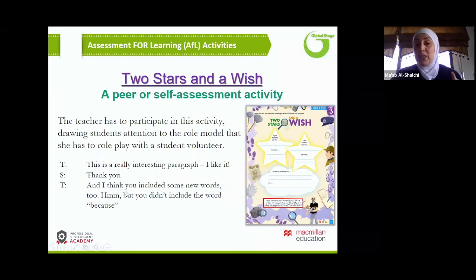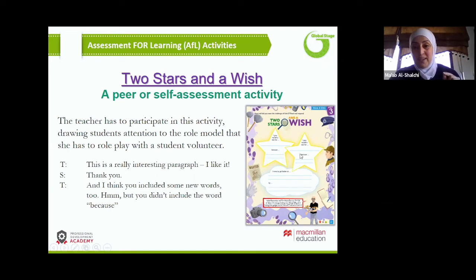Teacher says, and I think you included some new words too, but you didn't include the word because. And so here we know that it could be, for example, a writing activity. And so the teacher is expressing how much he liked the paragraph, and because the student has followed all the points, but the student missed out on the word because.